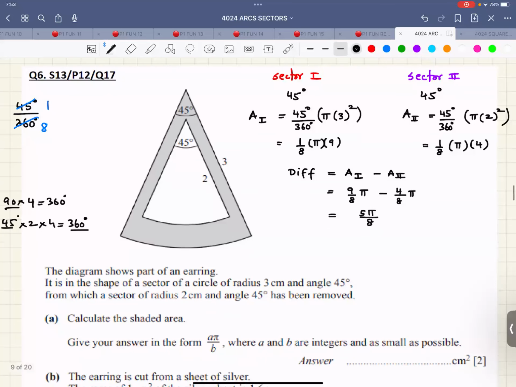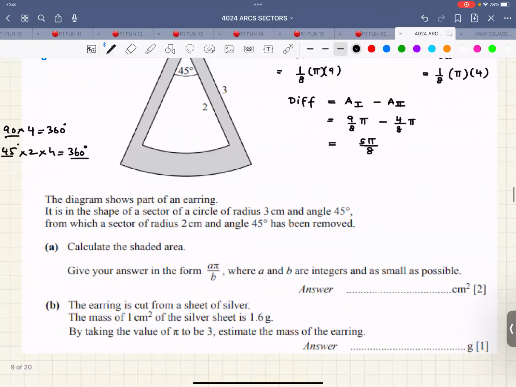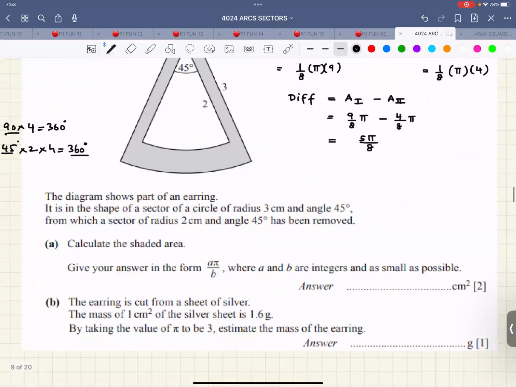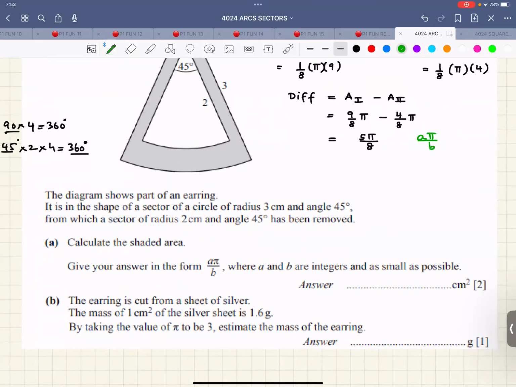This is as small as possible. It's in the form A pi over B. So they have not asked it, but we have written it. A is 5, B is 8, and that is how we are getting the answer 5 over 8 pi centimeter squared.